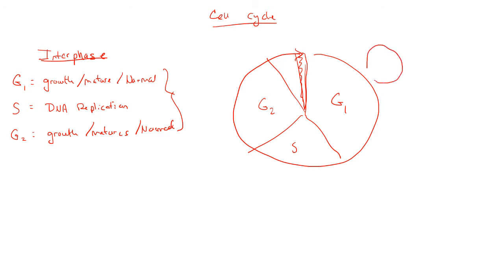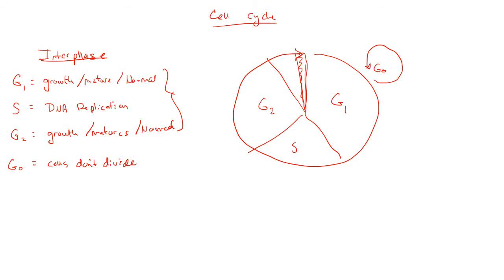There's a thing back here called gap 0, okay? So gap 0 is basically when cells don't divide. You'll see how it kind of loops within gap 1. It basically stays in that stage. It just kind of hovers there and won't do anything. You have cells like your liver cells or your nervous cells, like your brain cells.